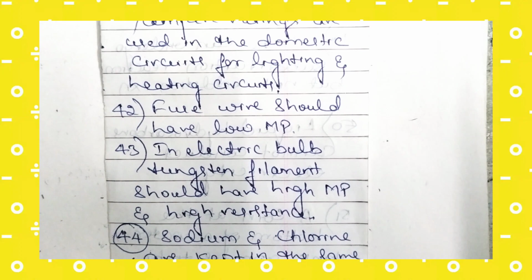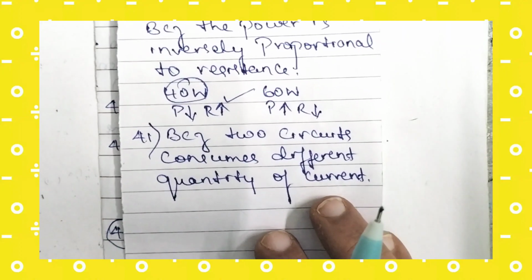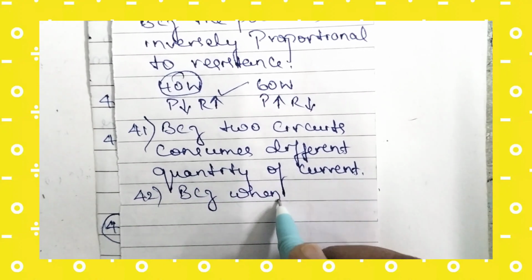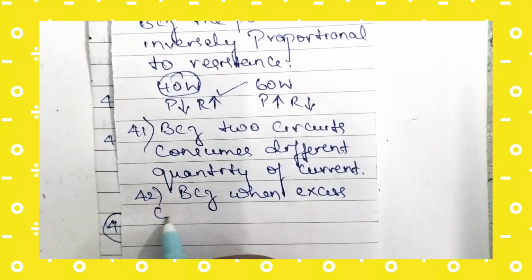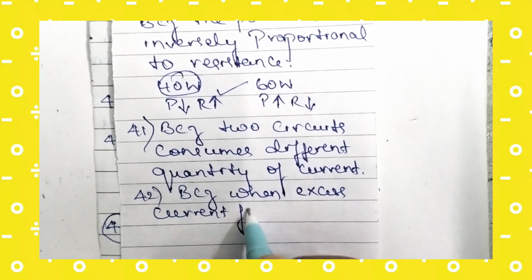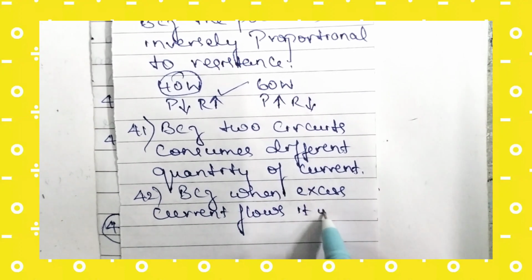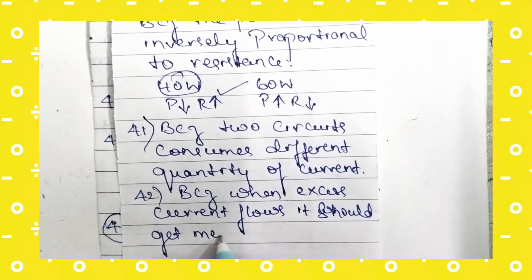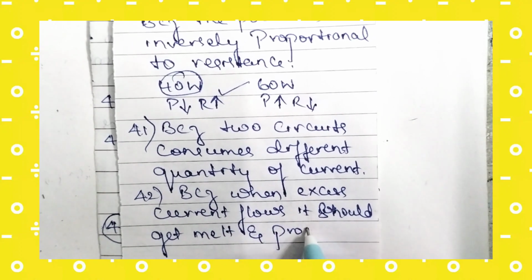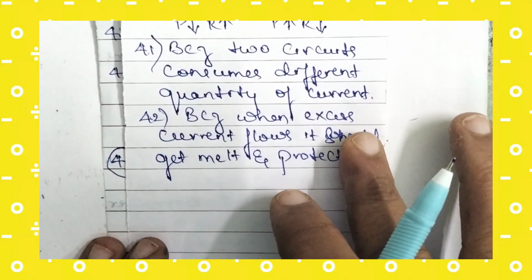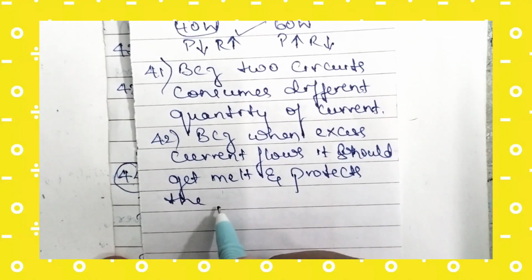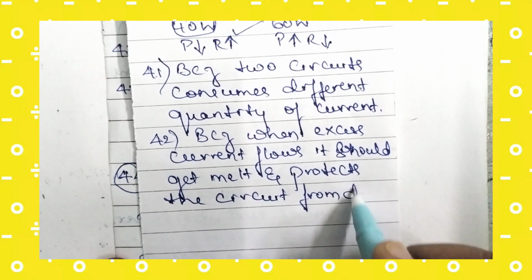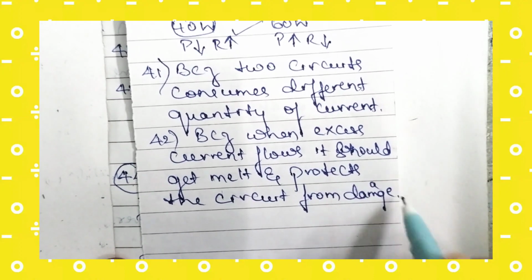Fuse wire should have low melting point because when excess current flows, it should melt and protect the circuit from damage.